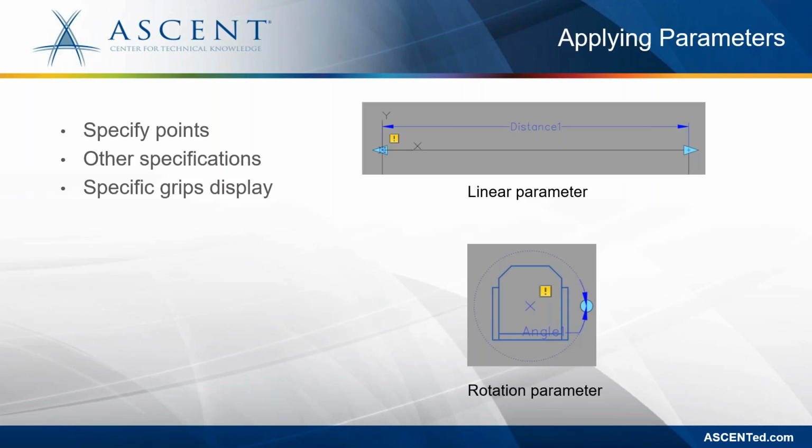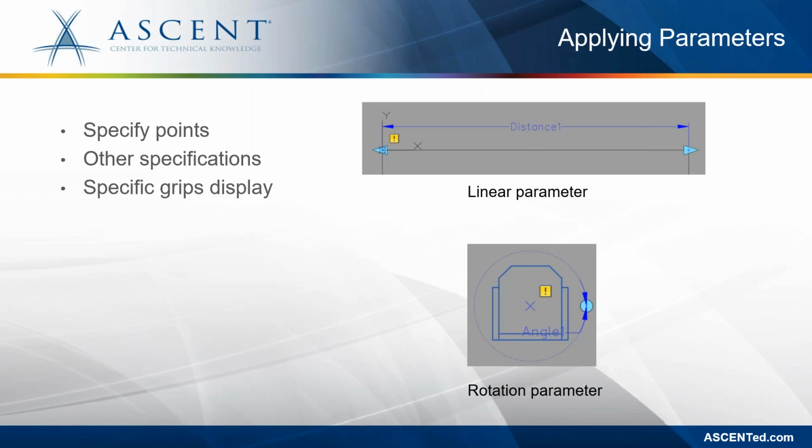Now, when you apply a parameter, what do you need to do? Obviously you need to first define the geometry and certain other specifications as well. Again, it's different for different parameters. For example, for a linear parameter, you need to specify the start and the end point for the distance.